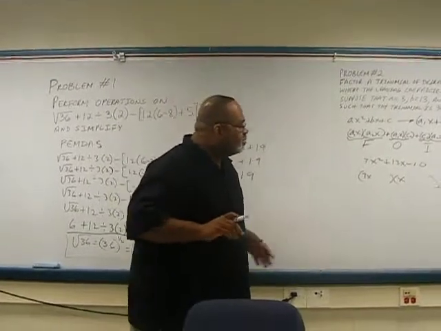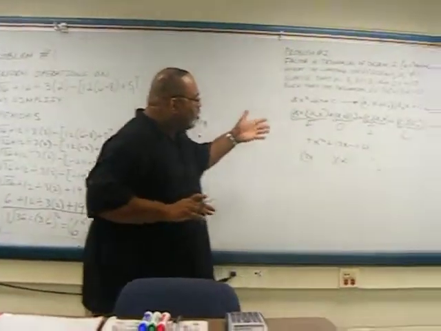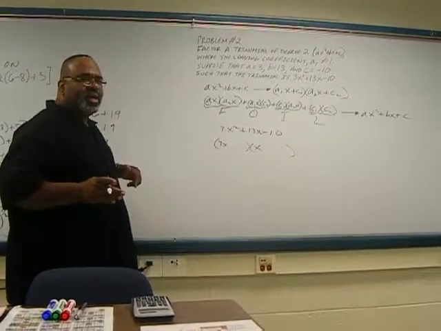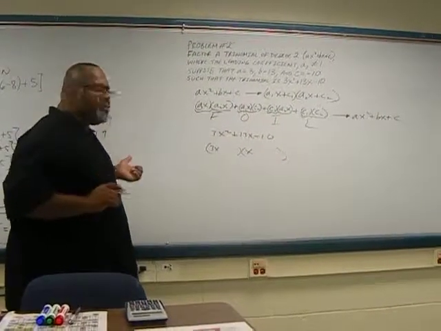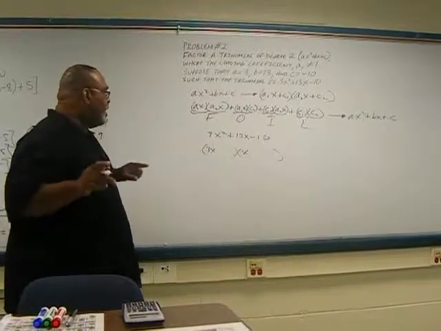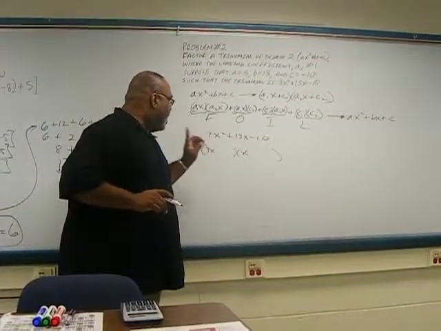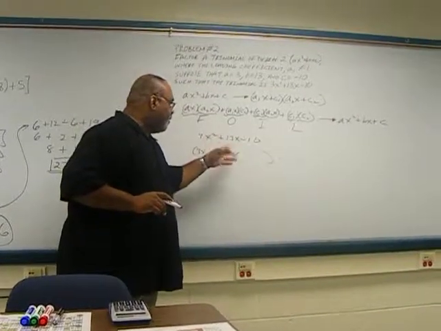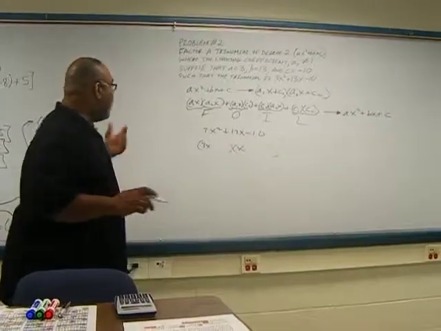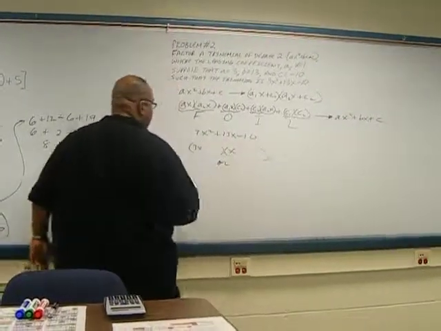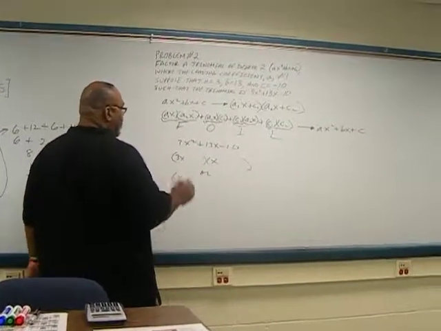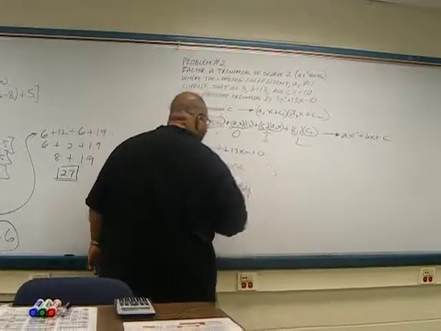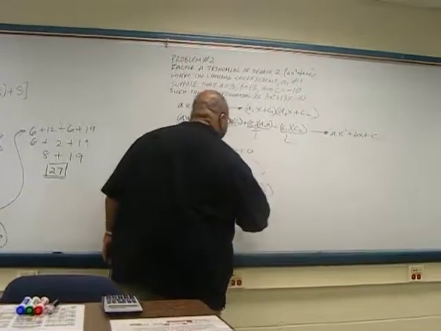Okay, he's asking that when we decompose the 3x squared into 3x and x, he's wondering, did it make any difference which order they came in, whether we put the 3x as the first term of the first binomial and the x as the first term of the second binomial, or whether we could say x for the first term of the first binomial and use 3x as the first term of the second binomial.